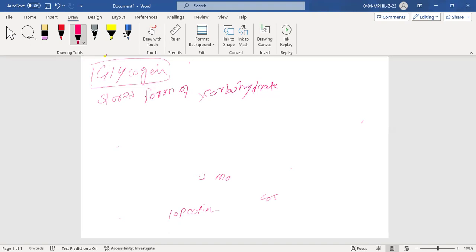So the extra amount of carbohydrate will be stored in our body.